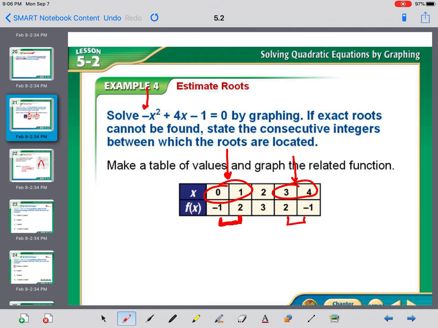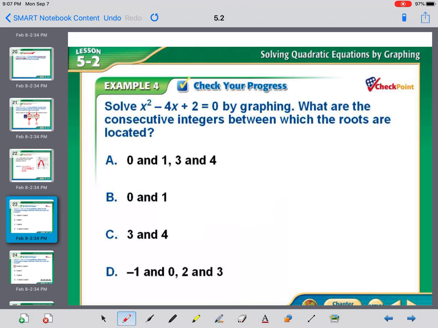That's just how that works. So if you can get the graph, then you can see somewhere between 0 and 1, somewhere between 3 and 4. But if you don't have the graph, you've got the table, because the table gives it away. It's a beautiful giveaway. So even though we didn't get 0 for our y values, because every x-intercept in the world has a 0 as the y, that's why we're estimating, because we don't know exact.